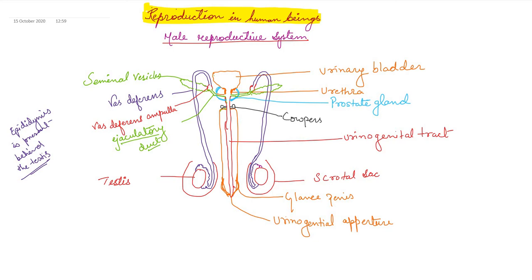Cowper's gland is also known as bulbourethral gland.